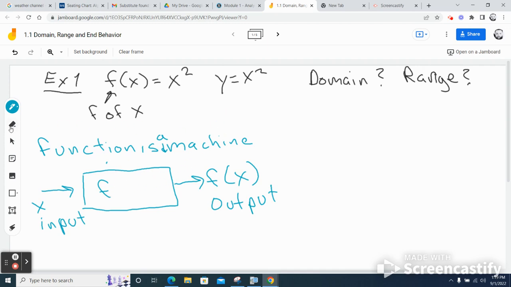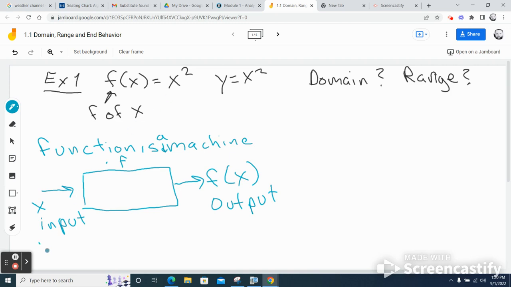And actually, I apologize. I'm going to erase this, and I'm going to put the f above the box. So I'm going to get a number. I'm going to plug it into the equation. The equation is going to do some math, and it's going to spit out an output.